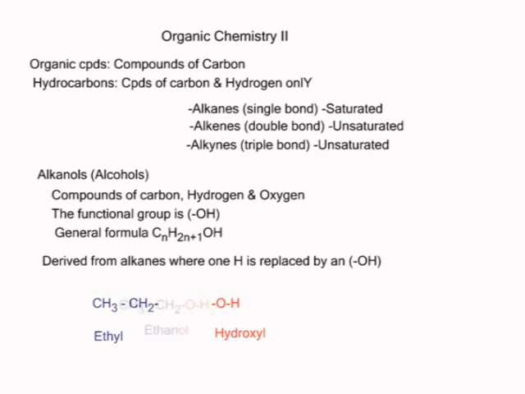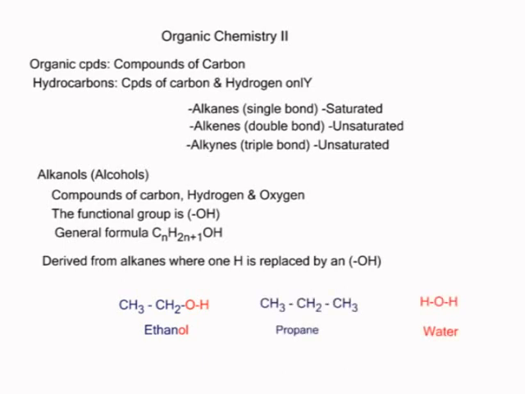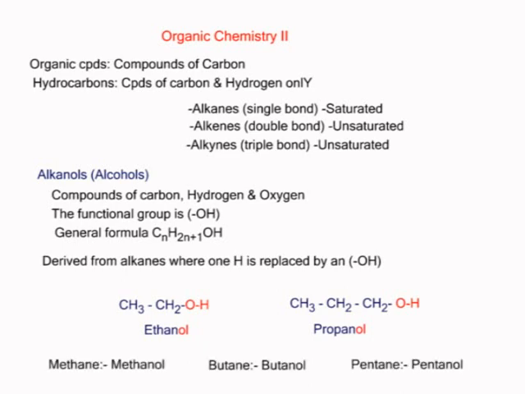Now if these two combine, we'll come up with ethanol. Again, if I have propane and water, if each one of them loses one hydrogen, we'll have a propyl and hydroxyl group. If we combine them, you realize we form what we call propanol. So you would expect the same for butanol, pentanol, hexanol, heptanol and so on and so on.